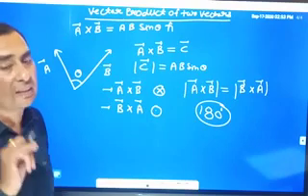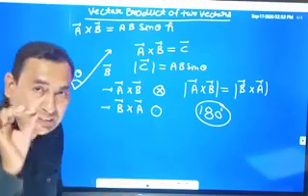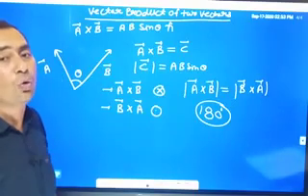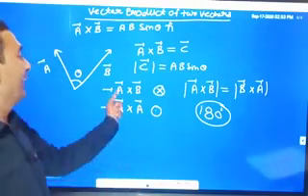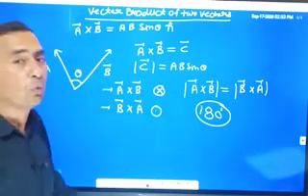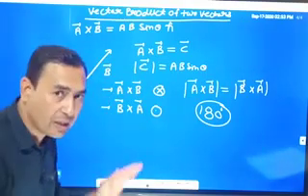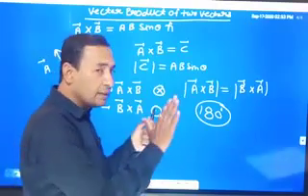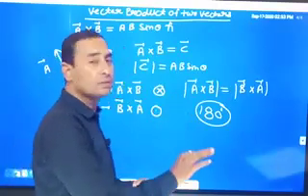What are these vectors called? If vectors have the same magnitude and opposite direction, then they are known as opposite vectors. Then a vector cross b vector and b vector cross a vector are opposite vectors, having the same magnitude and opposite direction. So you have to read this law in your notes.